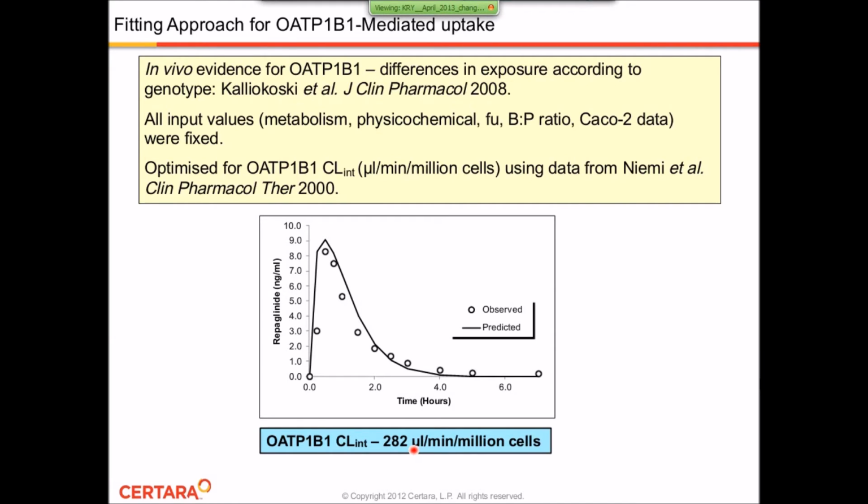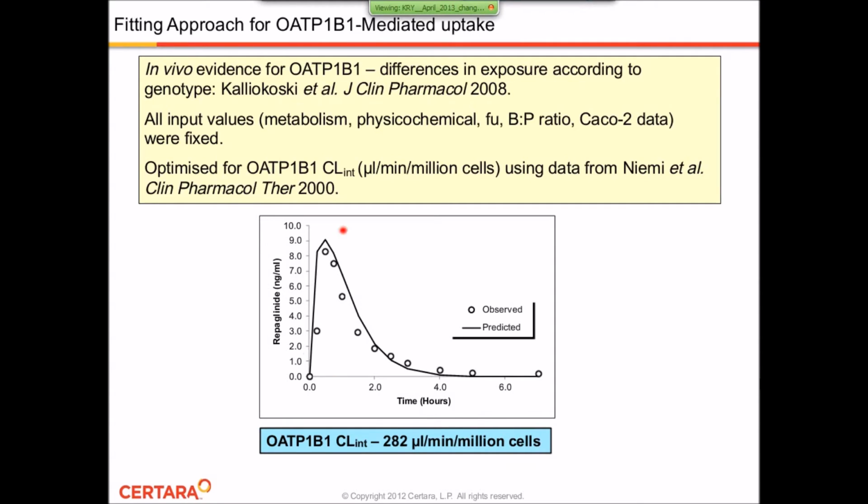Now, when I did this, I didn't know what value I was going to come up with, but I was pleased to see that the value we derived was similar to values that have been reported for OATP1B1 substrates in the literature, certainly in vitro. So at least that was the first step to showing that we didn't come up with a nonsensical value. And this is an approach that we've used.